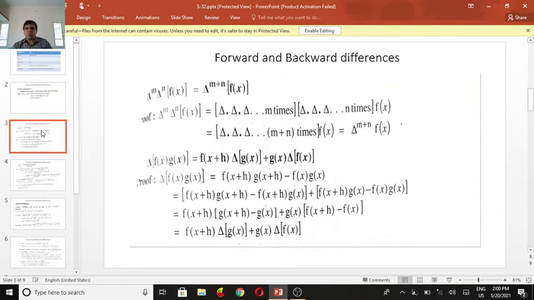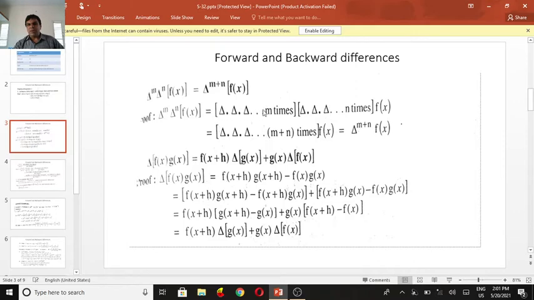Now we come to one more property. This is the theory of indices form. Del power m, del power n: the same base powers can be added. So del power m, del power n f of x equals del power m plus n of f of x. Del power m means del applied m times, and again del applied n times.